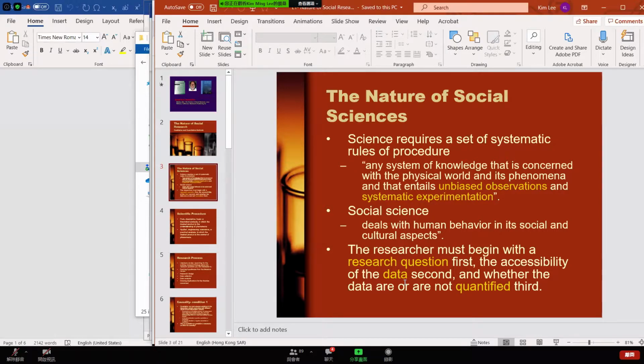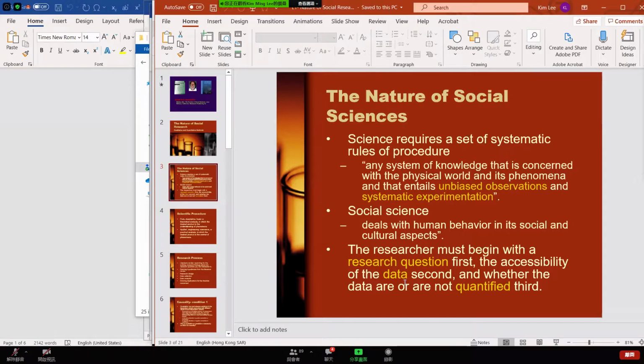So when you do your research proposal, or when you look at other people's research reports, the first thing you want to find out is the research question of that report. Or when you do a proposal, what is your research question? This is the starting point. And then the second point is, what kind of data do I need, or accessibility.